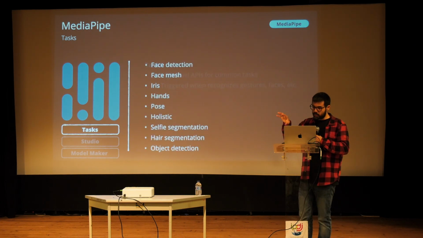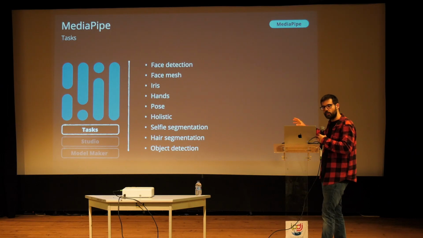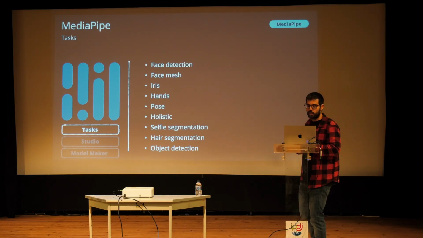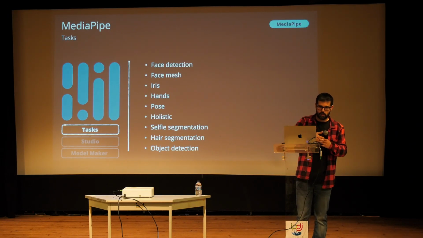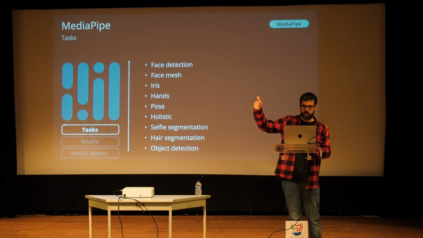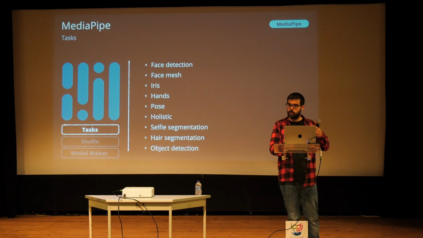These tasks are just a few of them. Basically, they do all of this heavy work for you. All of these tasks are capable of understanding if your face is visible, if your mouth is open, if your eyes are closed, if you're doing a thumbs up, if you're waving, and whatever. And all of these tasks are available for free, and you can use them freely in your apps.